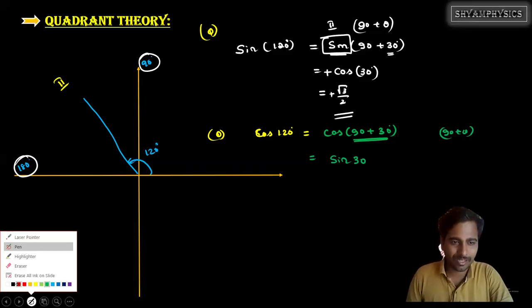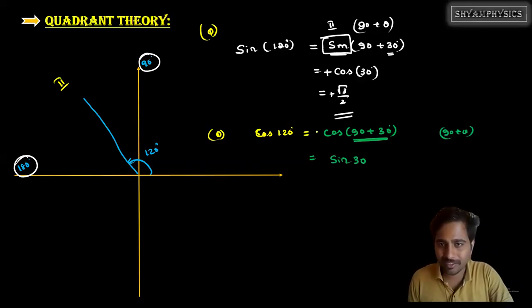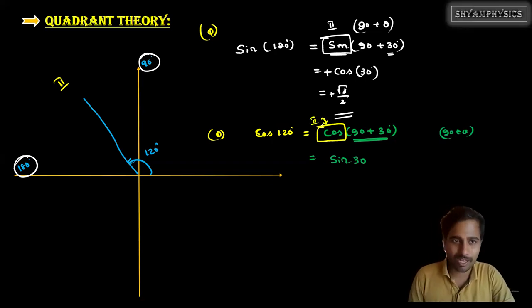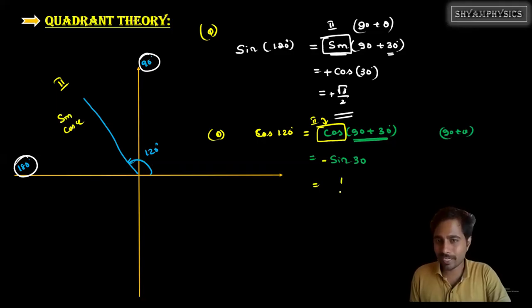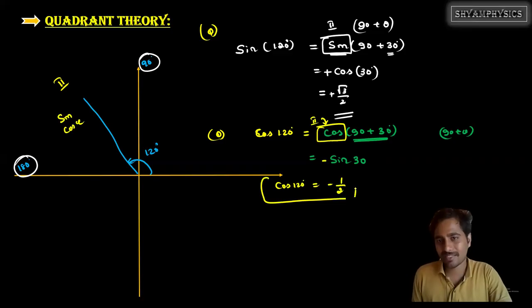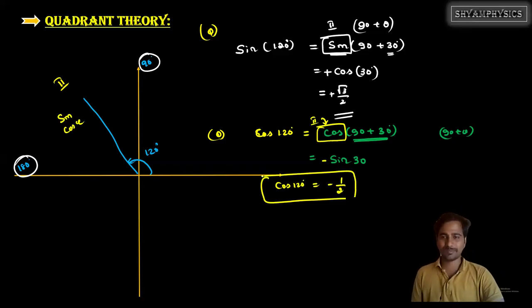Next, what do we need to check here? We are talking about cos 90 plus theta in the second quadrant. In the second quadrant, will cos be positive or negative? Only sine and cosecant are positive here, so cos is negative. So put the answer with a negative. What is the sine 30 value? 1 by 2 along with the minus. So cos 120 value is minus 1 by 2.